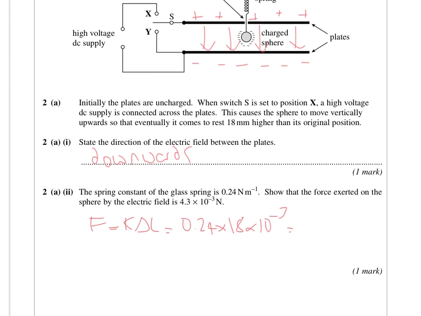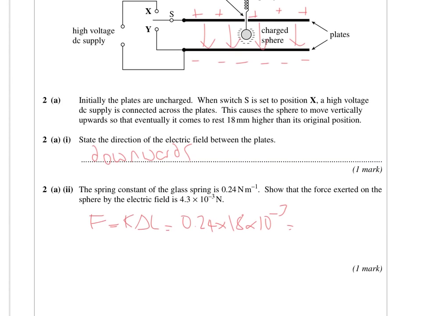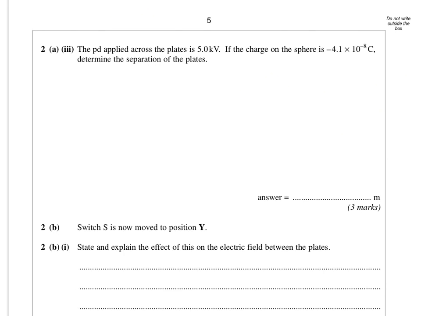Let's calculate that. It is 4.32 times 10 to the minus 3, which is approximately 4.3 times 10 to the minus 3 newtons. Okay, so that's that one.